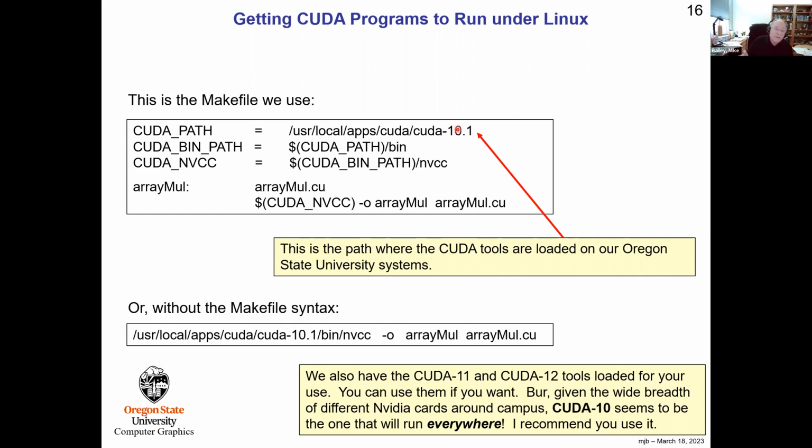You can use 12 if you want, especially if you're on your own system. But if you use 11 or 12, there will be some systems at Oregon State where it just won't run. Either the compiler will print out really insulting messages, or it will just run and hang. So there's no features in 11 or 12 that we're going to need for this class.